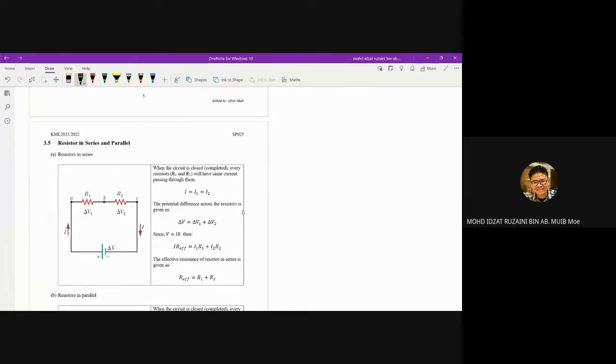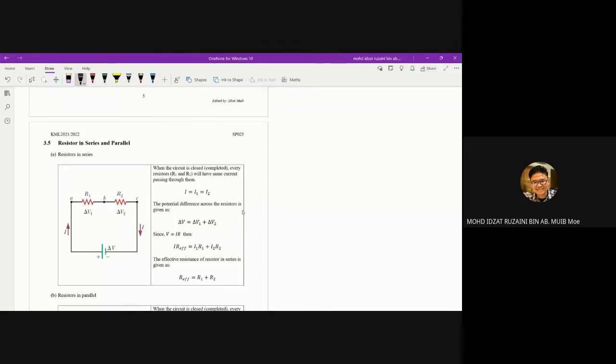Itu untuk series circuit. Potential difference pula, V total equal to V1 plus V2. Itu untuk potential difference in the series circuit.